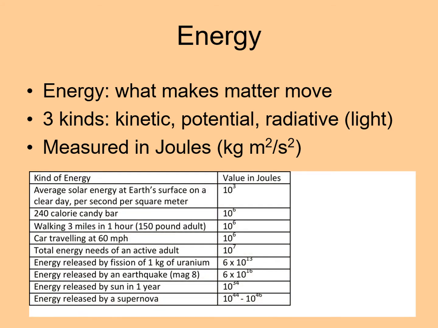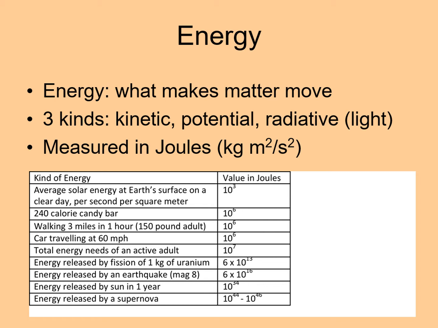Since we're using joules, here are some values to give you a sense of how much you can do with a joule of energy. On a sunny day, there are roughly 1,000 joules of energy hitting every square meter facing the sun every second. On the other hand, a typical candy bar has about 1,000,000 joules of energy. As it happens, that's roughly the amount of energy the average person uses if they walk for an hour.